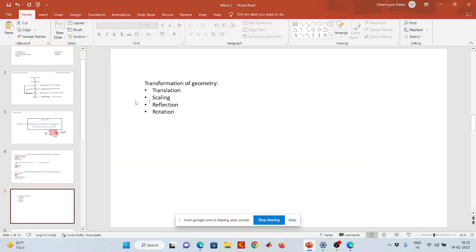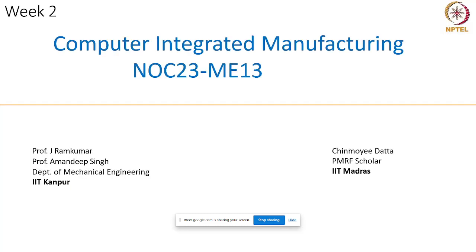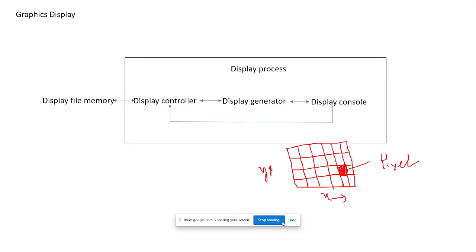So we can say that, it's denoted by the transformation matrix.